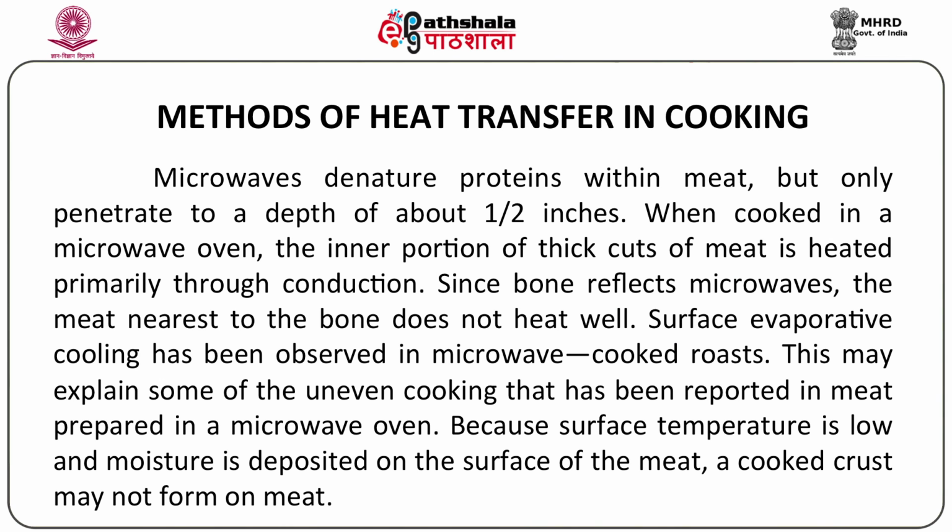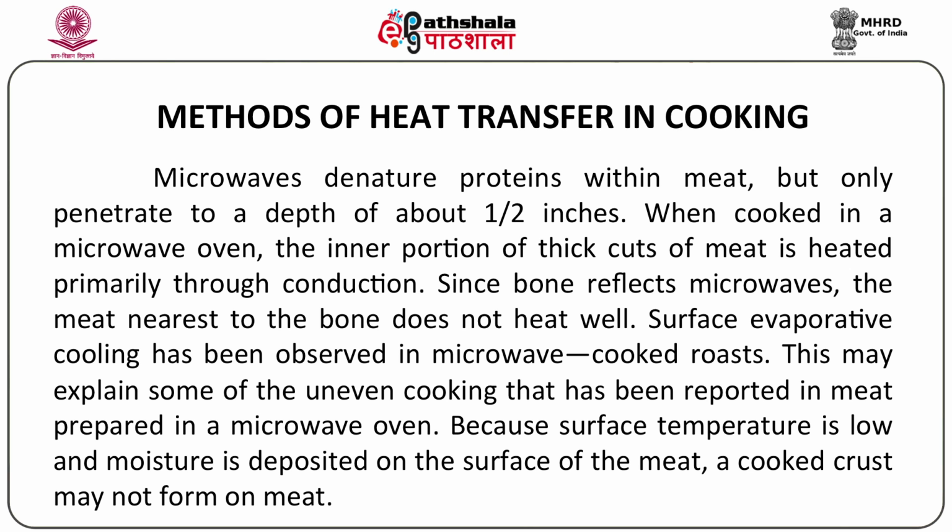The microwaves help in cooking the meat by denaturing the protein within the meat, but the microwaves are capable of penetrating into the meat only to a depth of about half an inch. When cooked in a microwave oven, the inner portion of thick cuts of meat is heated primarily through conduction. Since bones reflect the microwaves, the meat nearest to the bone does not heat well.